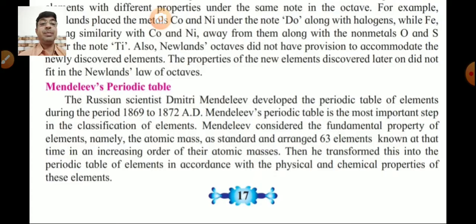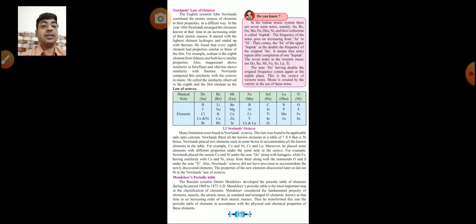Fundamental property means basic property. So all the three scientists used the same basic property for classification, that is atomic mass, as a standard, and arranged the 63 elements known at that time in an increasing order of their atomic masses. Then he transformed this into the periodic table of elements in accordance with the physical and chemical properties of elements.